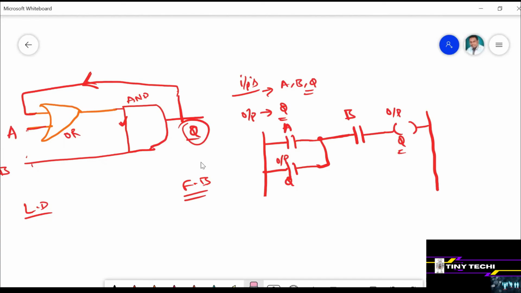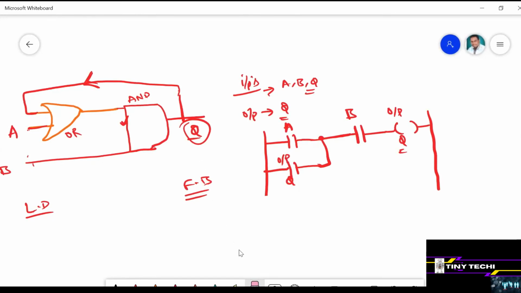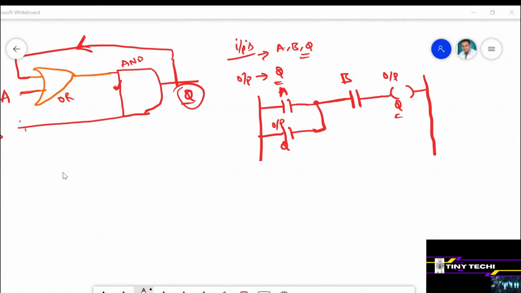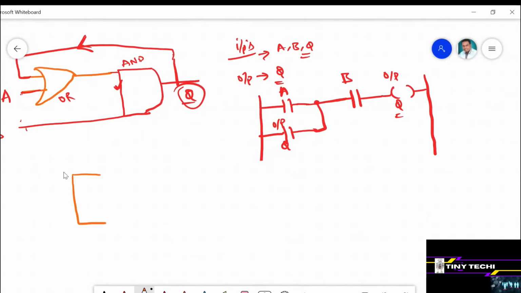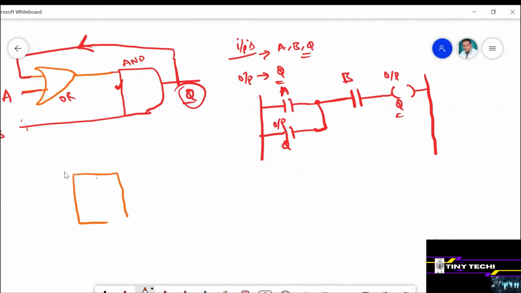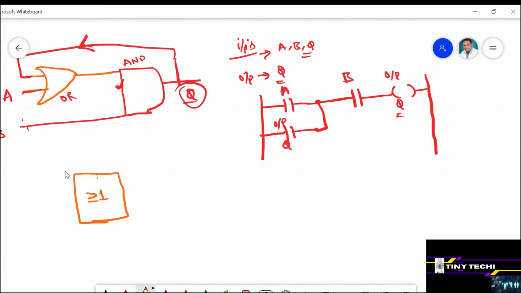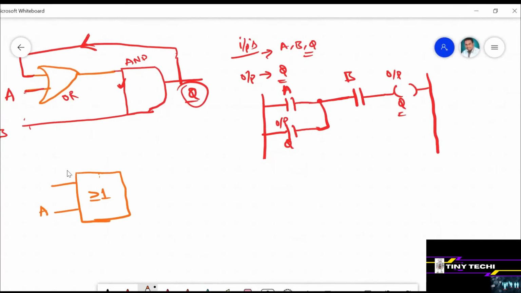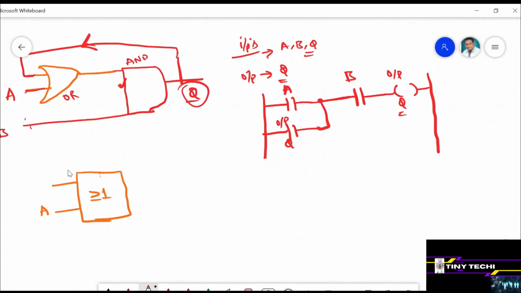In the same manner we have to implement this for the functional block diagram. The functional block diagram is very easy to implement. You can take an OR gate block first. All of you know how to implement the OR gate with the greater than or equal to 1 symbol. What are the inputs here? A, and another input is Q, which is taken from the output, right?